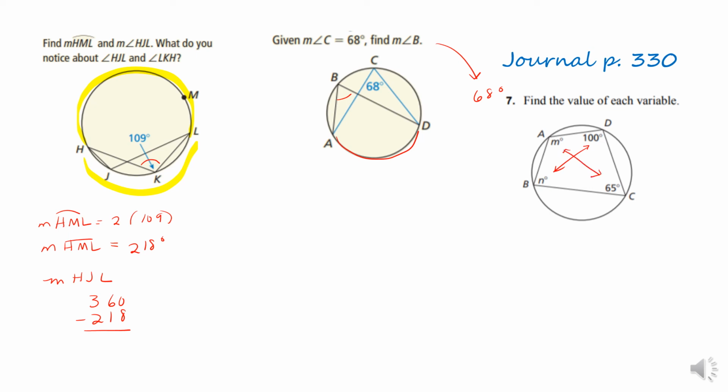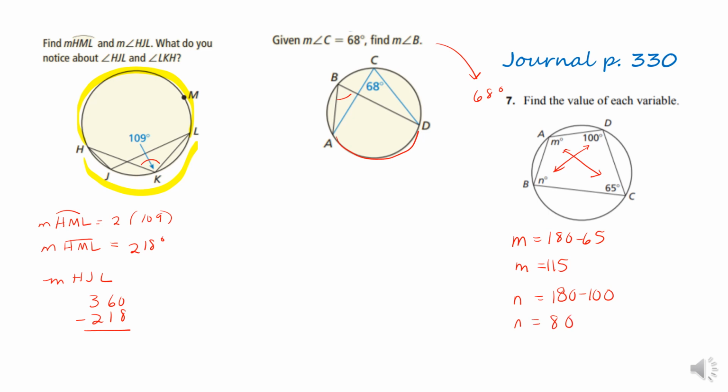So you can work those out and push pause if you want to, but M is 180 minus 65, so M equals 115, and N is 180 minus 100, so N equals 80. So those aren't too difficult.